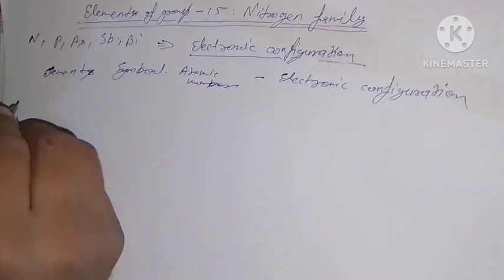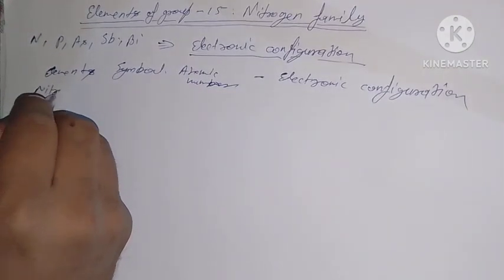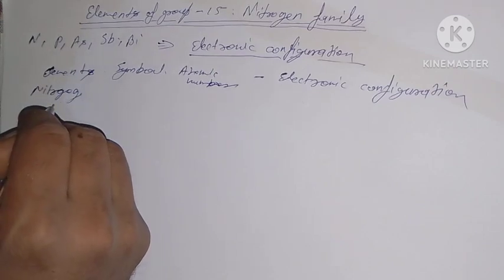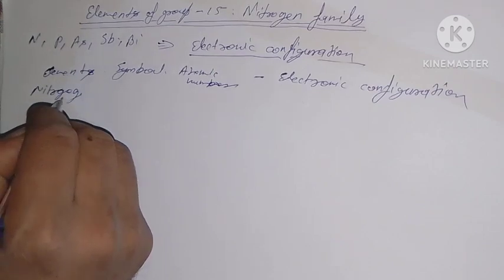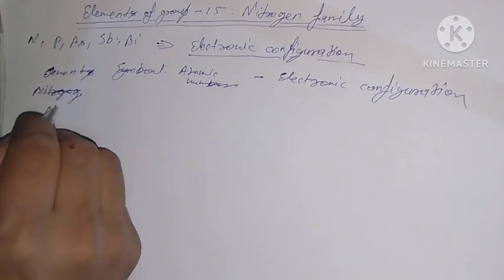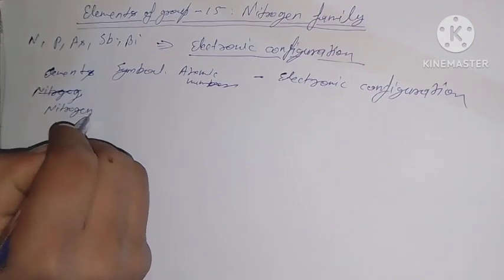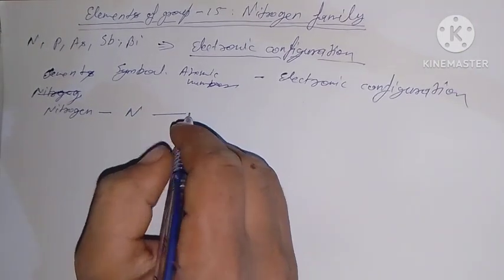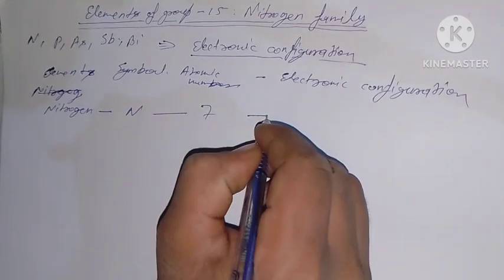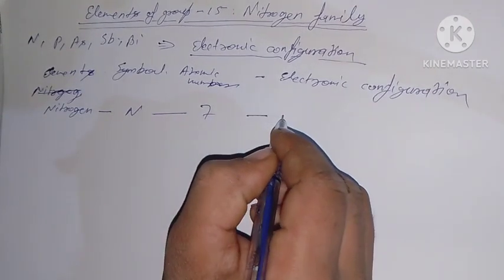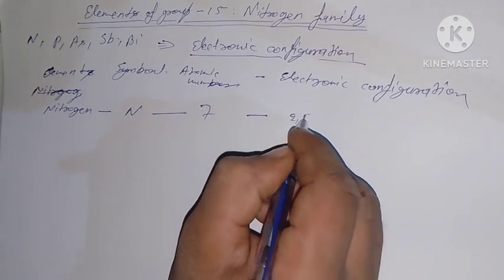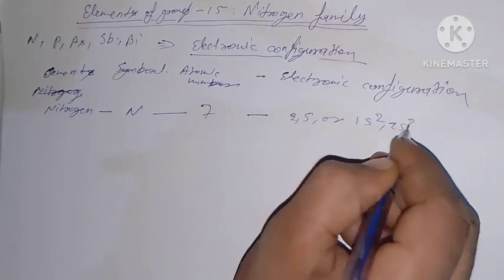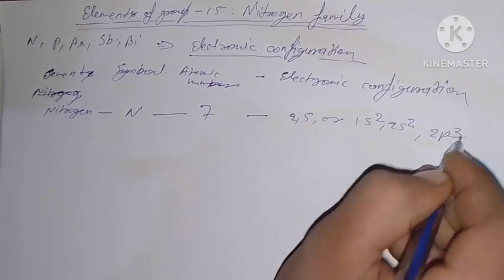First atom is nitrogen. Symbol capital N, atomic number 7. Electronic configuration 2, 5, or 1s2, 2s2, 2p3.